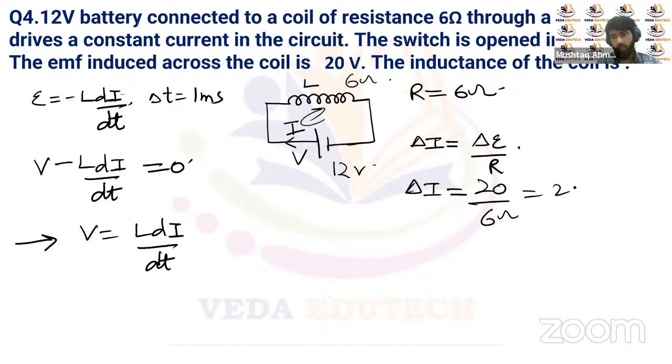So 20 upon 6 ampere will be the current through the inductor.